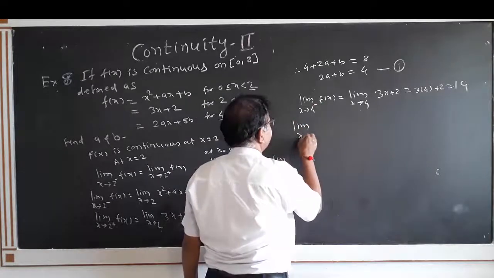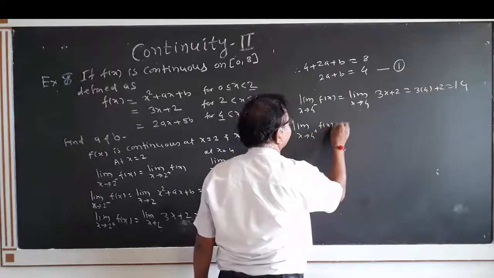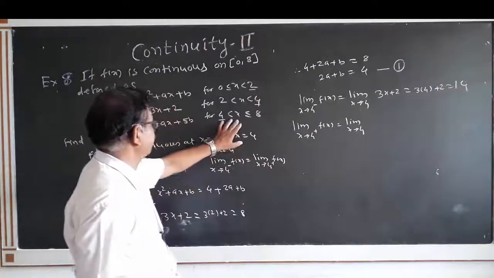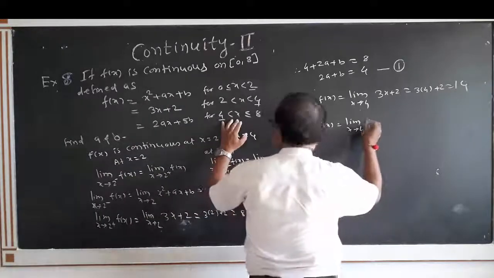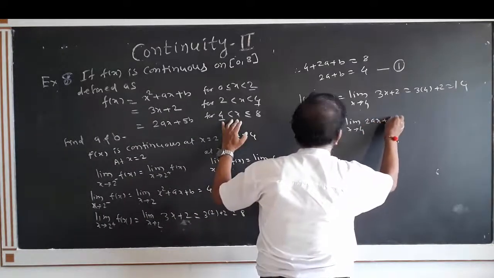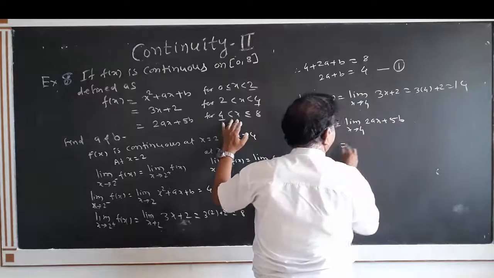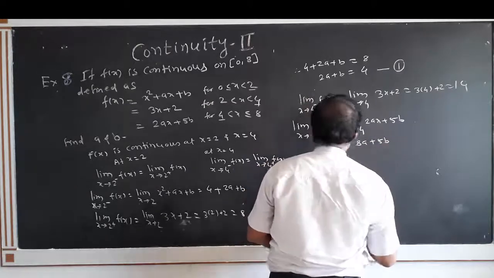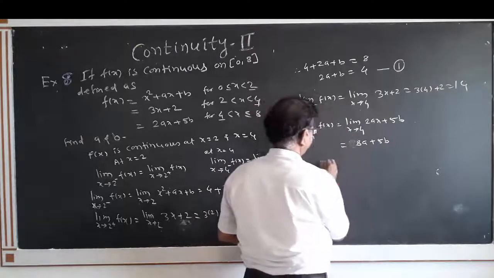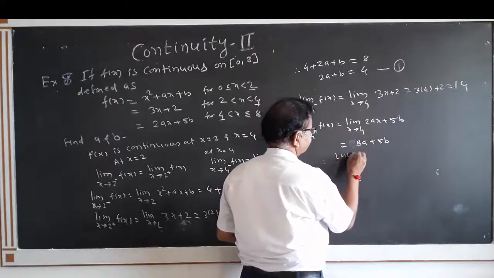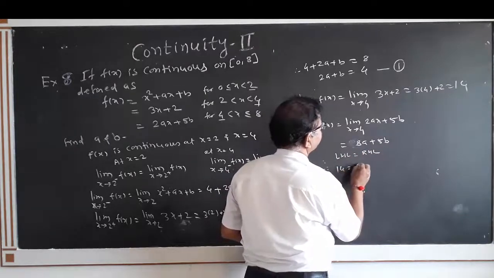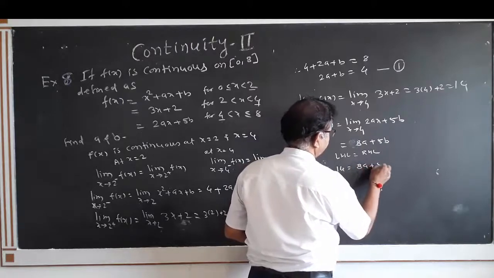Limit x tends to 4 plus of f(x): x is approaching 4 from right hand side, that means x is greater than 4, so 2ax plus 5b, that is equal to 2a into 4, that is 8a plus 5b. But left hand limit equals right hand limit. Therefore, 14 equal to 8a plus 5b.